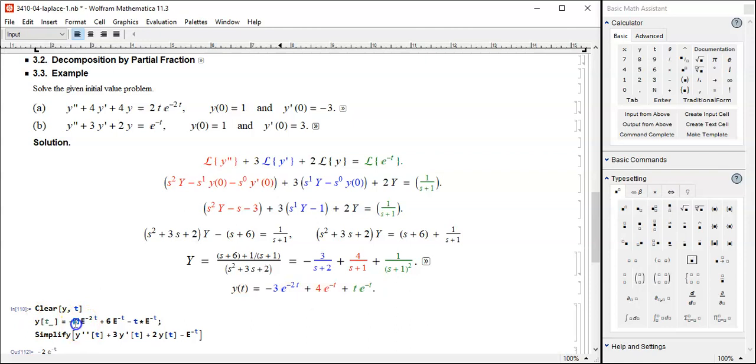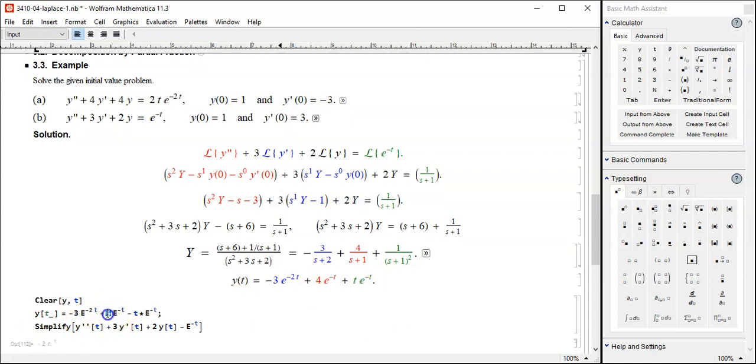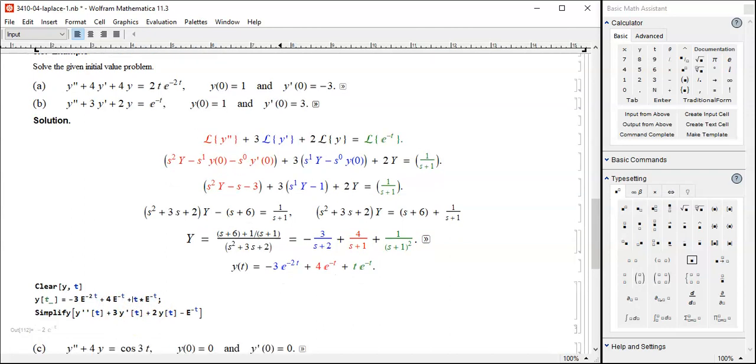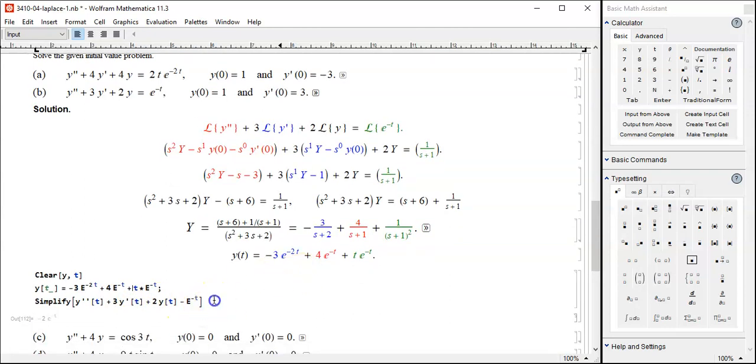So change this to 3, change this to 4, change this to plus, and ask Mathematica to simplify this. Left hand side minus right hand side. Am I going to get 0? I got it. So this is a solution of this ordinary differential equation.